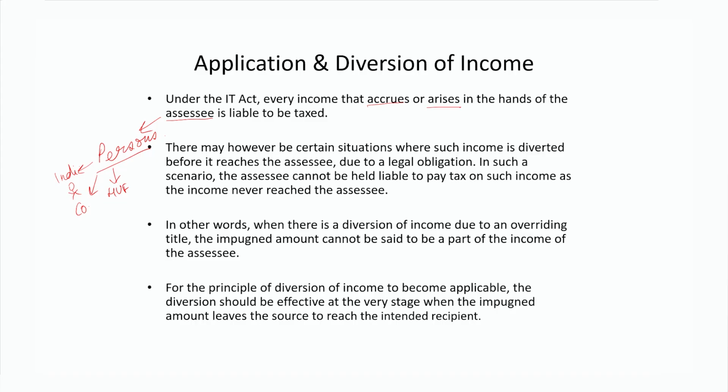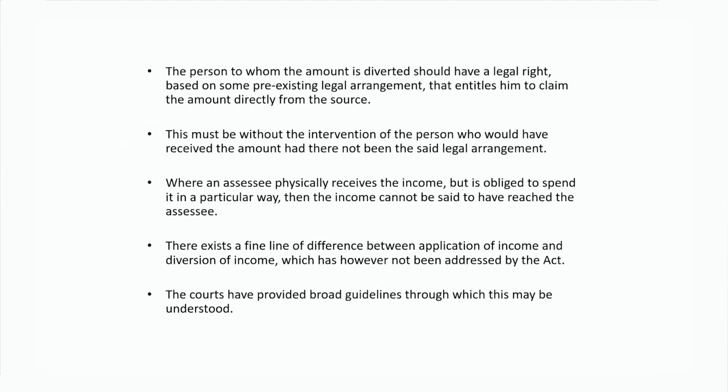For the principle of diversion of income to become applicable, the diversion should be effective at the very stage when the impugned amount leaves the source to reach the intended recipient. The person to whom the amount is diverted should have a legal right based on some pre-existing legal arrangement that entitles him to claim the amount directly from the source.